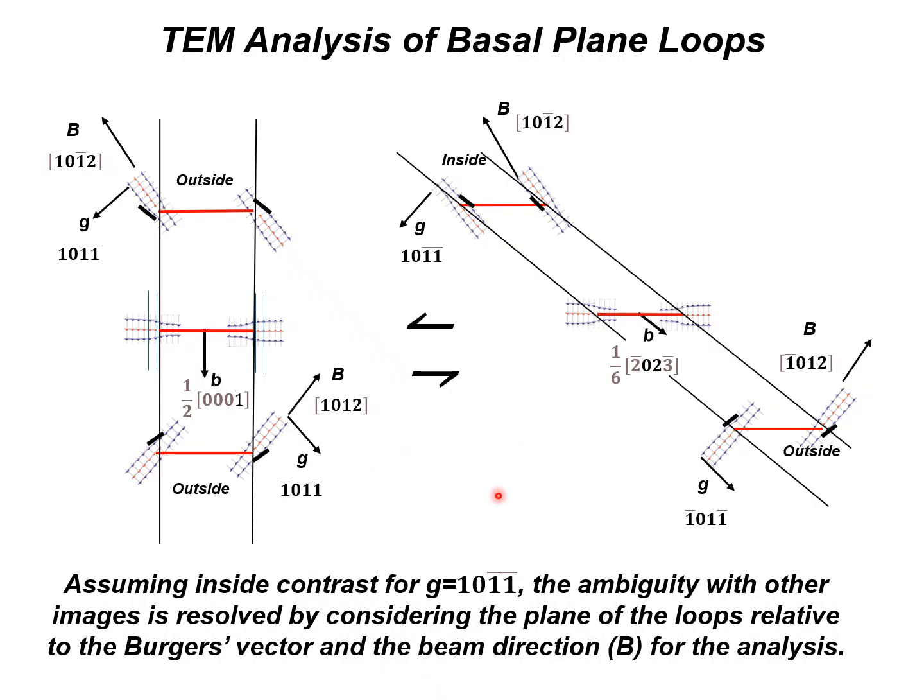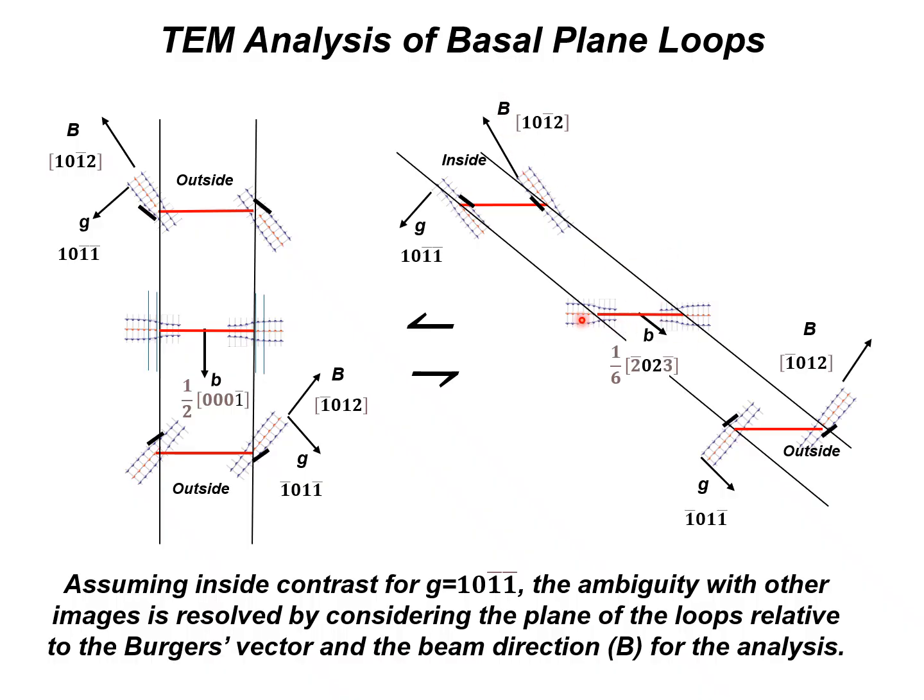The reason for that is that, like I said, it's important to know the tilt of the loop, but actually it's important to know everything about the loop, exactly how it's oriented, because the contrast can change from inside to outside contrast depending on what your beam direction is.